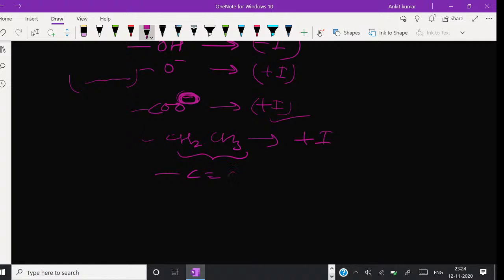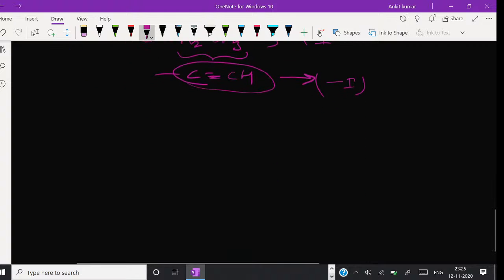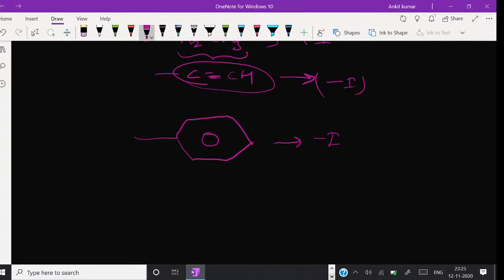C triple bond CH, this group is acetylene. As I told you above, all unsaturated hydrocarbon groups will be minus I groups. See, benzene will behave as a minus I group.